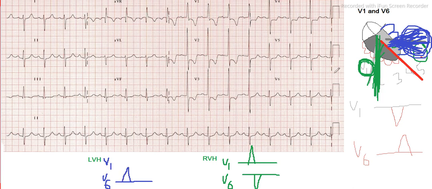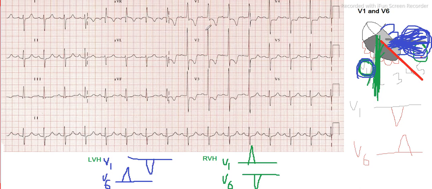However, if we talk about V1, since the resultant vector is going towards the left, which is against V1, it will have a negative deflection. So if we draw the isoelectric line in V1, because of left ventricular hypertrophy there will be a negative deflection.